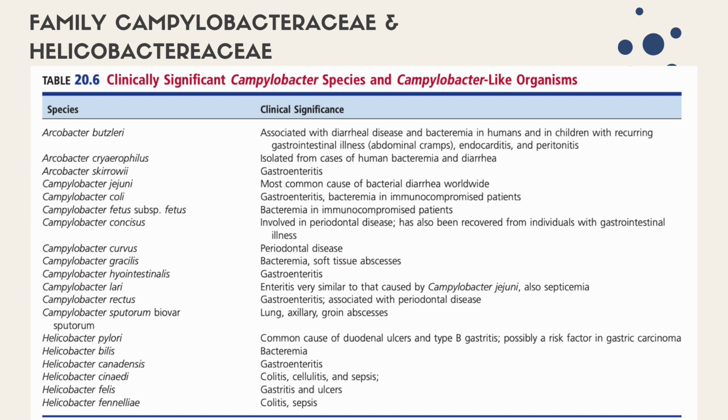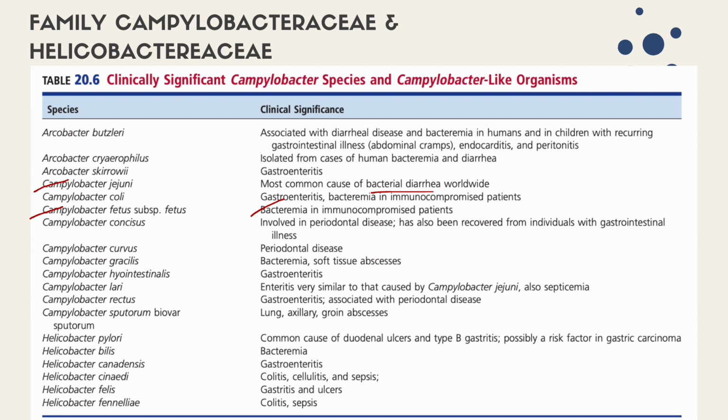For our Campylobacter species, we need to focus on Campylobacter jejuni and Campylobacter fetus subspecies fetus. Jejuni is the most common cause of bacterial diarrhea or gastroenteritis worldwide. Campylobacter fetus subspecies fetus causes bacteremia in immunocompromised patients such as people living with AIDS and other immunocompromised individuals.